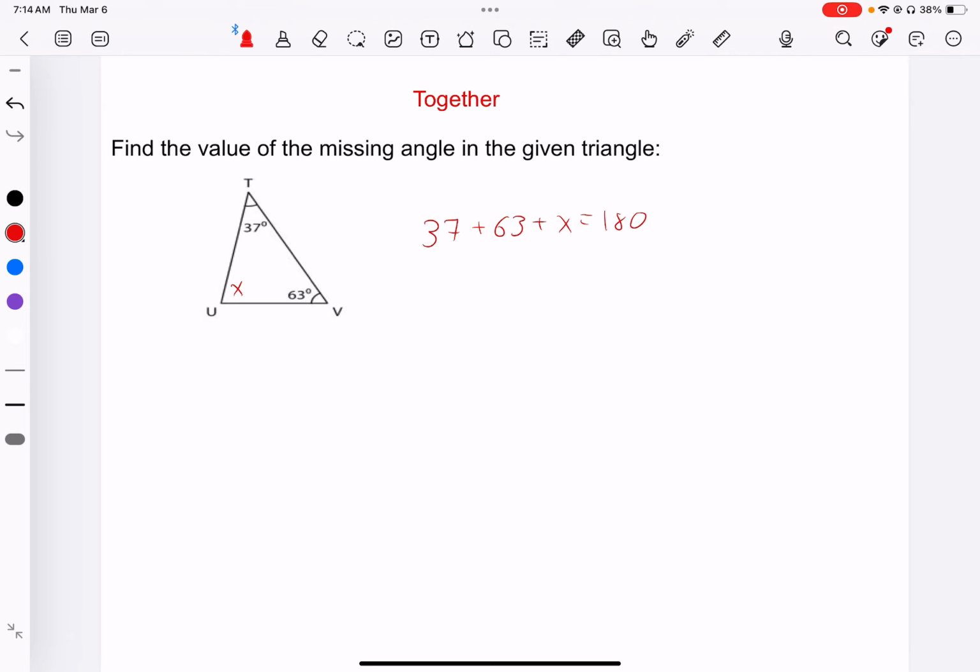I'm going to combine my like terms. 37 plus 63 is 100, plus X equals 180. Subtract 100 from both sides, X equals 80. So the measure of angle U is equal to 80 degrees.